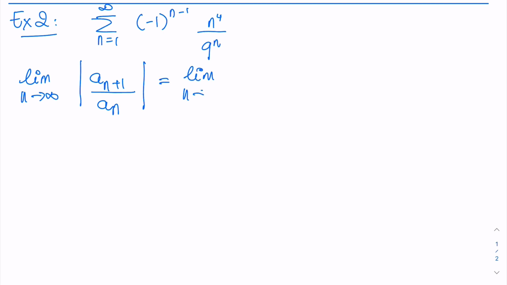So taking the limit of our series, we have n plus 1 to the 4th power over 9 to the n plus 1, and since I divide, I'm going to multiply by the reciprocal: 9 to the n power over n to the 4th power.